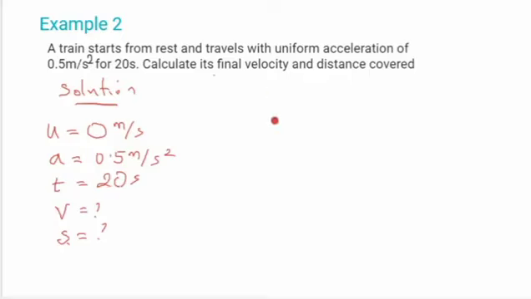So check the equations. If you check critically, the equation that has the 4 parameters is the second one, V equals U plus AT.